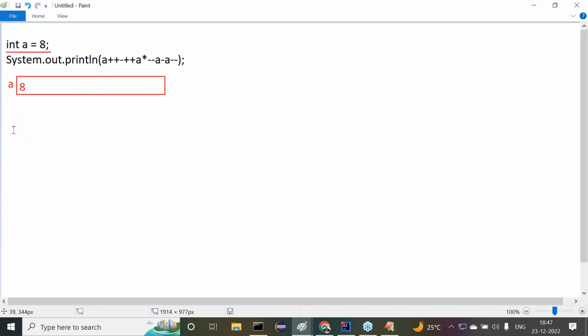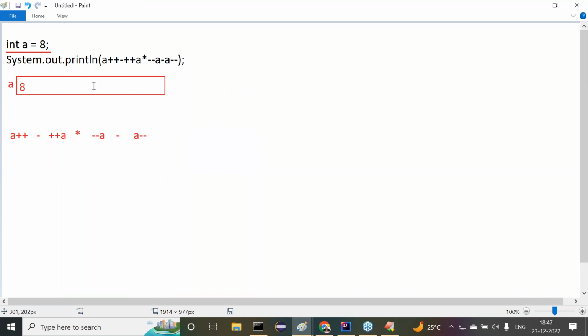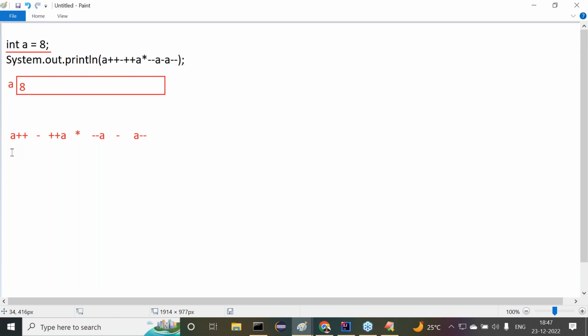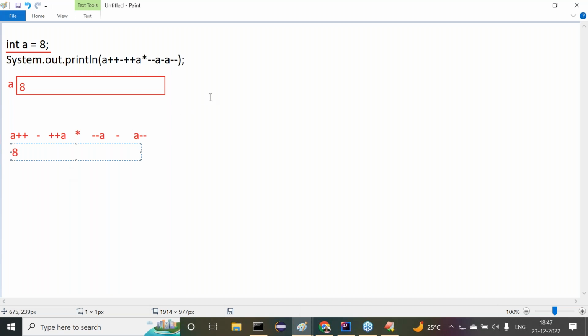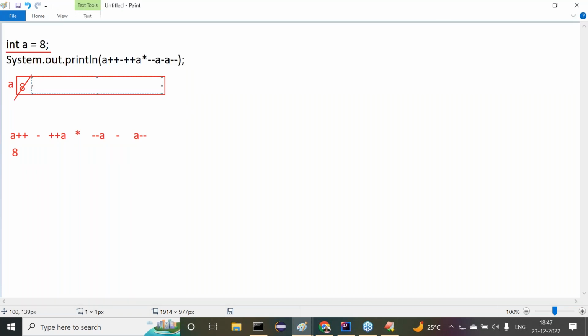Now I want to take this expression: a++ - ++a * --a - a--. The initial value is 8. First of all, understand it. a++ means the current a value will be participated in the expression, but internally the a value is incremented by 1. It is incremented by 1, that is 9.